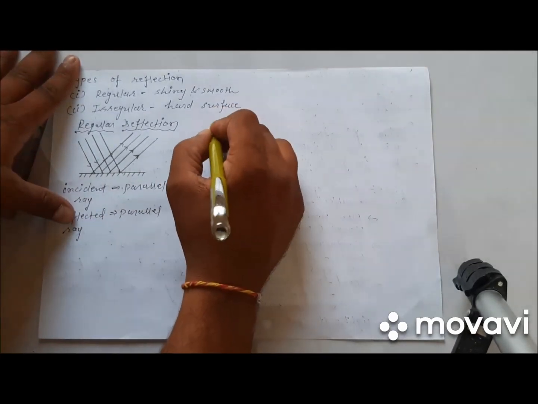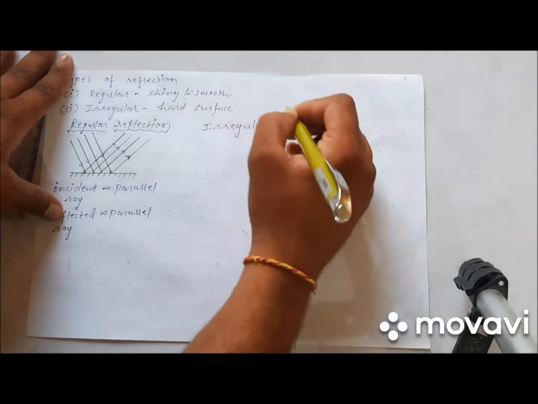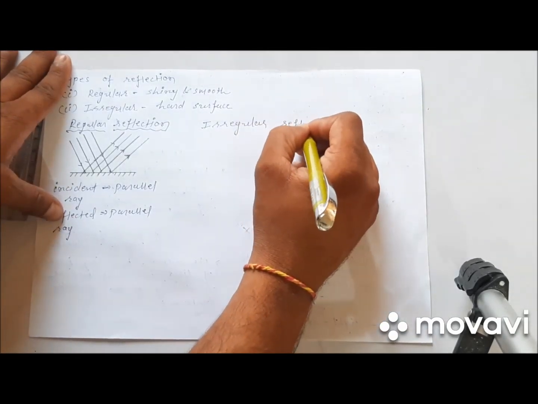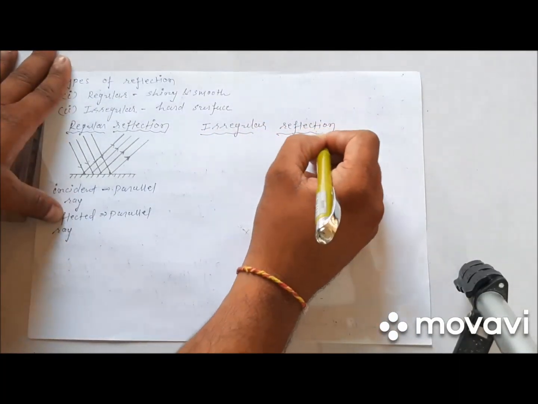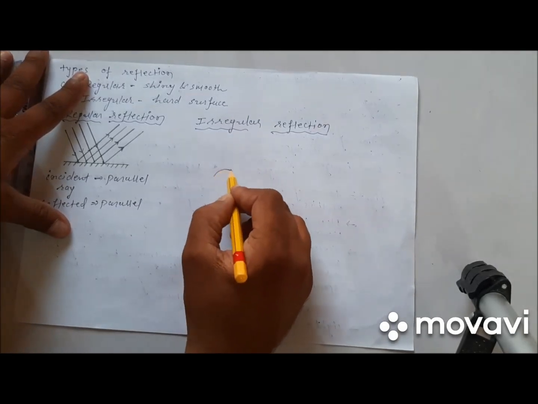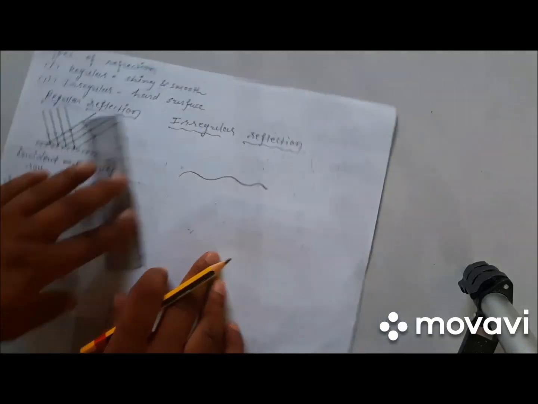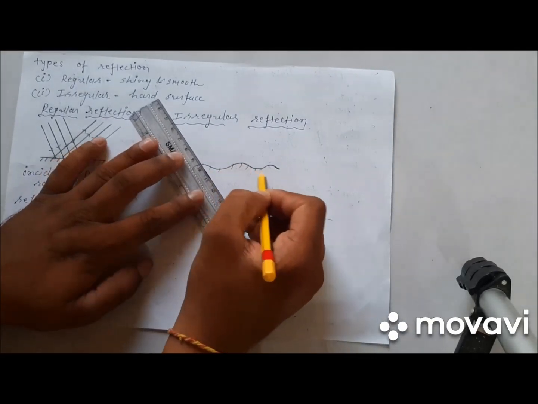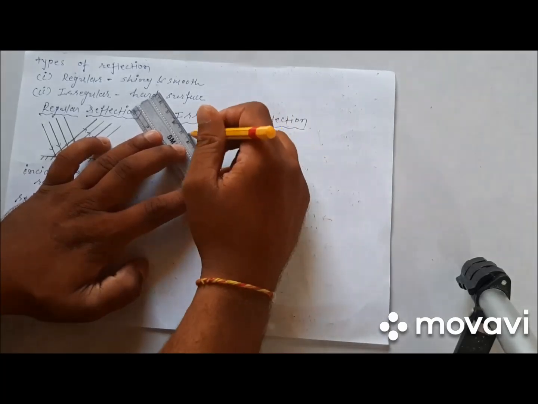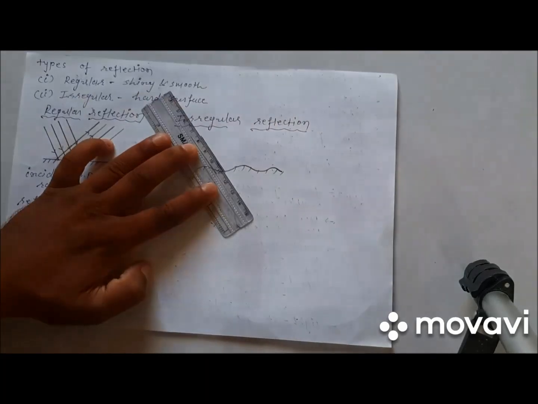Now what happens in irregular reflection? Let us understand. Suppose we have a rough or hard surface, and on this surface the incident rays are parallel.